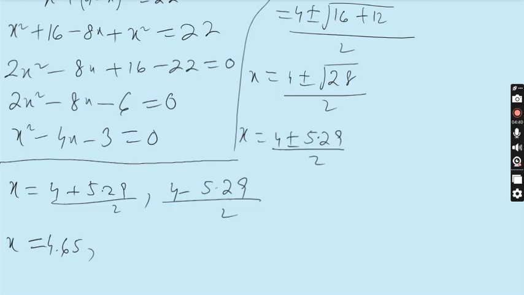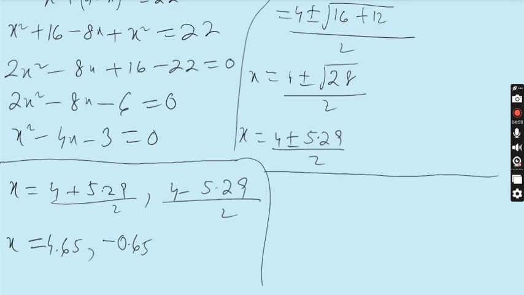The next is 4 minus 5.29 divided by 2. The answer is negative 0.65. So these are two values of x.